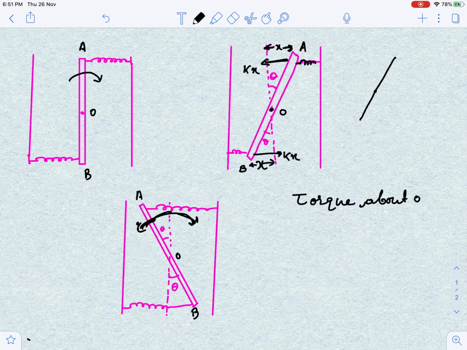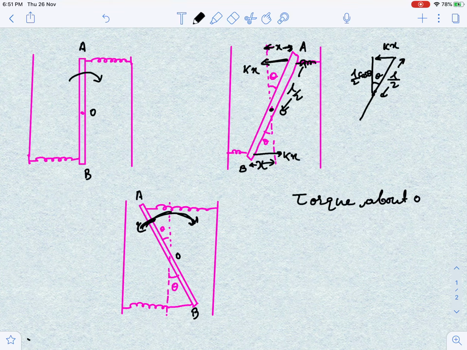This force kx is acting this way, and the perpendicular distance from the point O: if you draw the perpendicular, let this angle be theta. This length will be L by 2, so the perpendicular length is L by 2 cos theta.